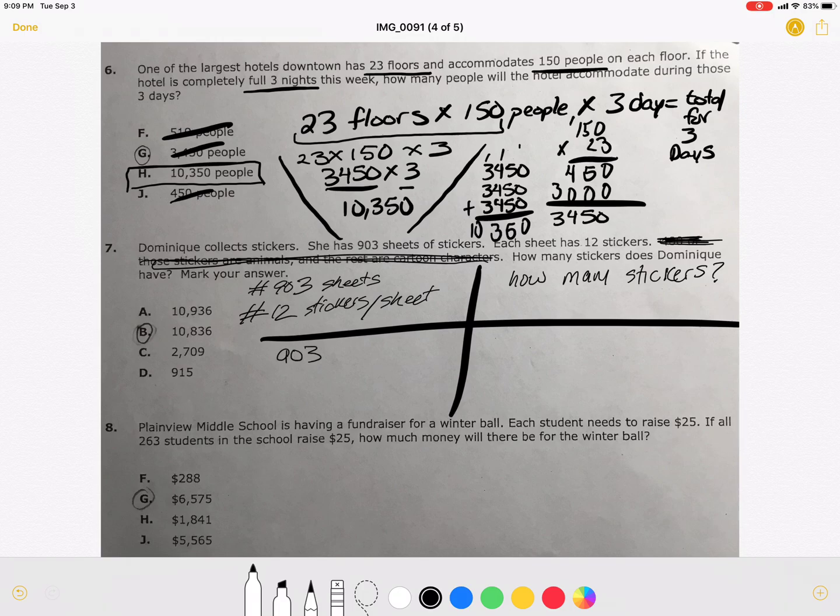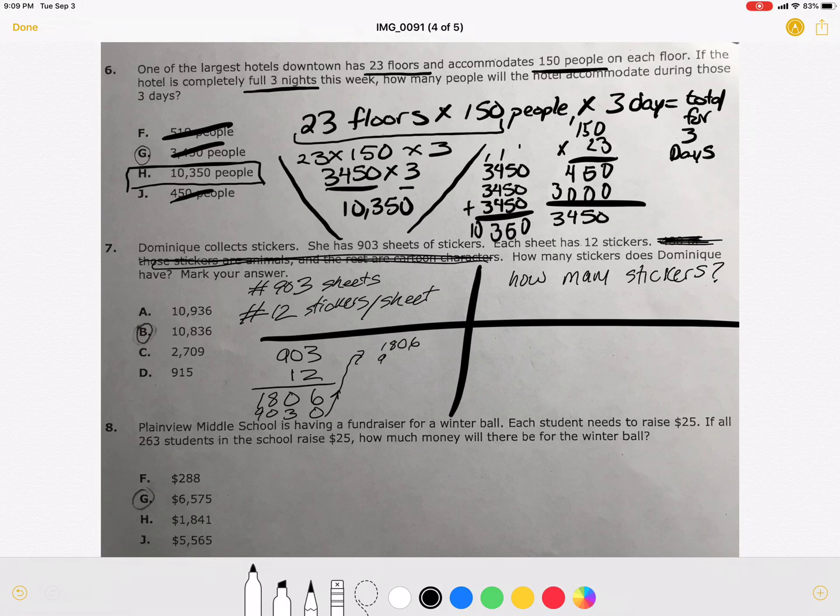Nine, 3, 12. 2 times 3 is 6, times 0, times 9 is 18. Place value, and then 1 times 903. 903. We're running out of room here, so do it over here.